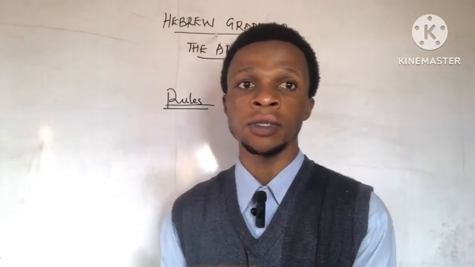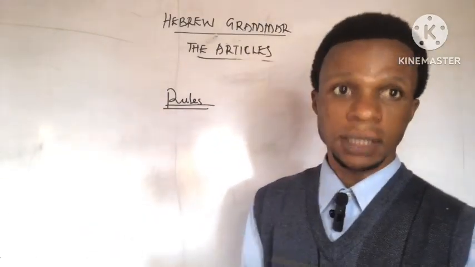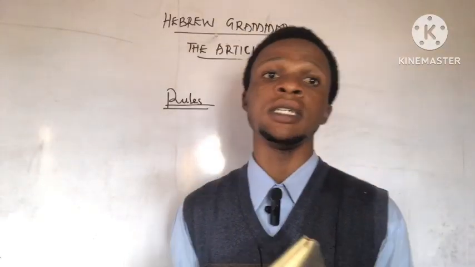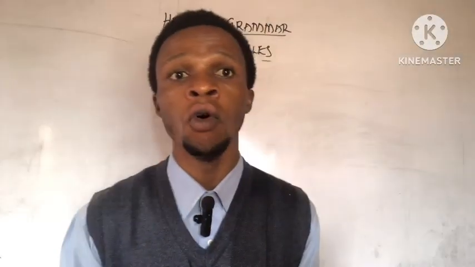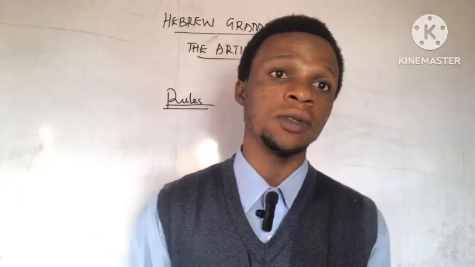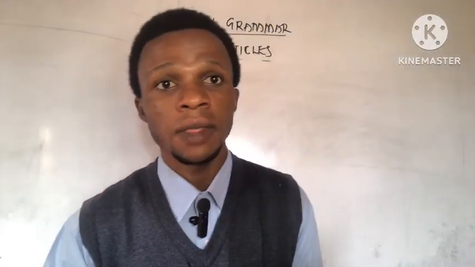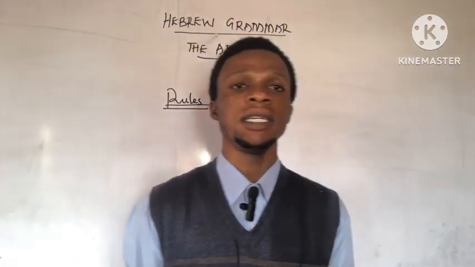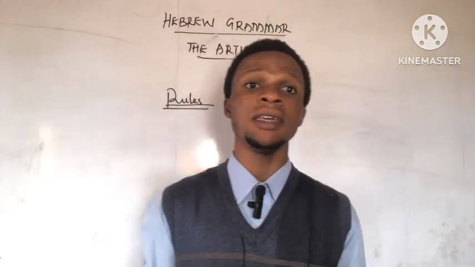In the first video, we talked about the articles, and I told you that there is no direct indication for the indefinite article "a" and "an" in Hebrew, but for the definite article "the", we have the word ha. That is he with a kamet.